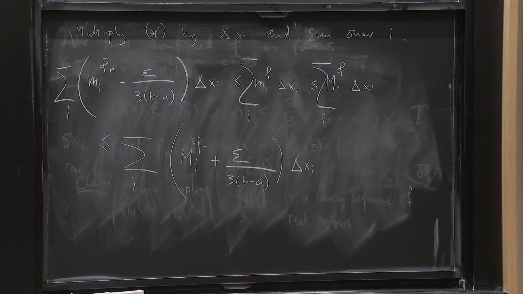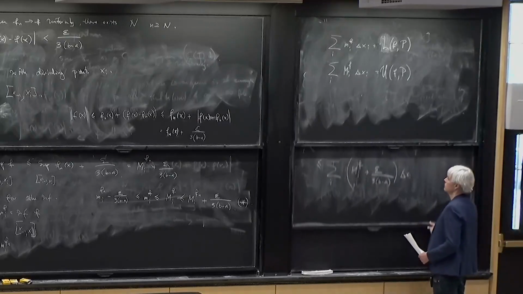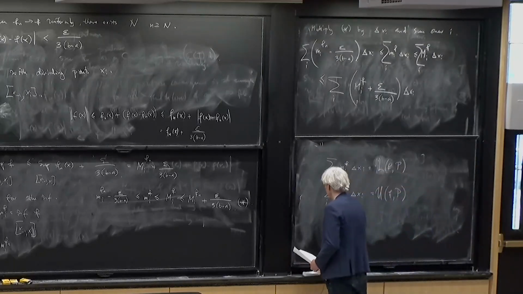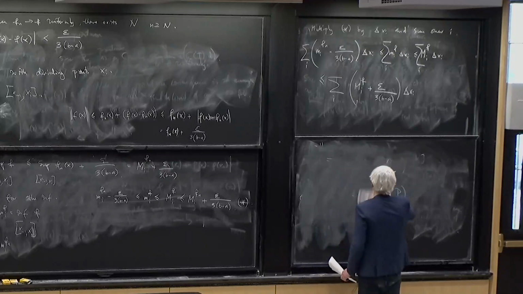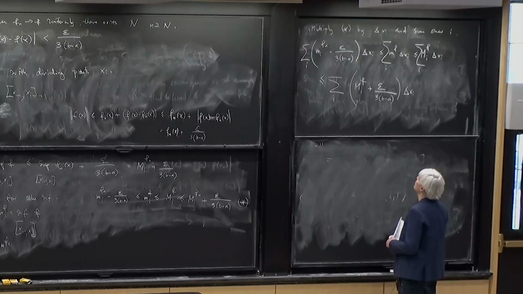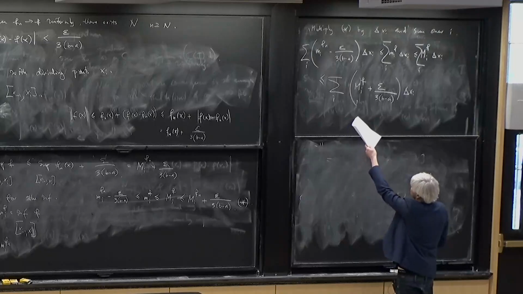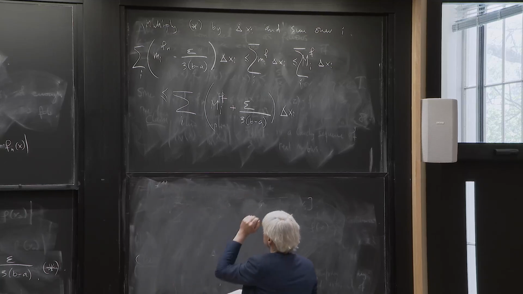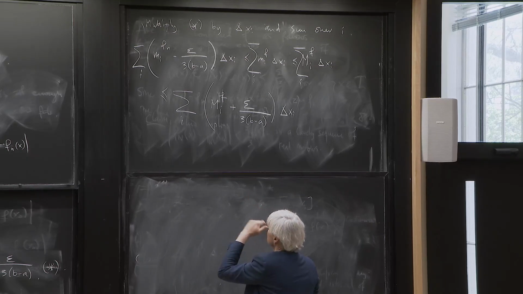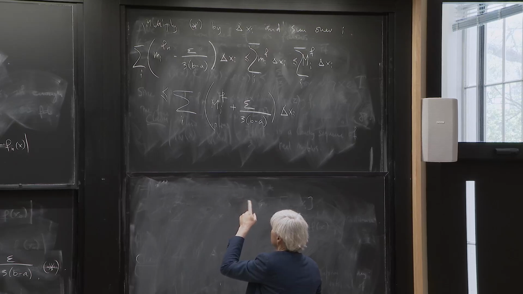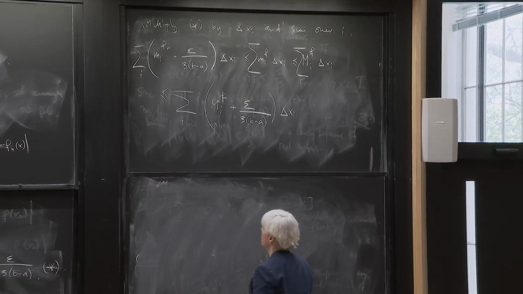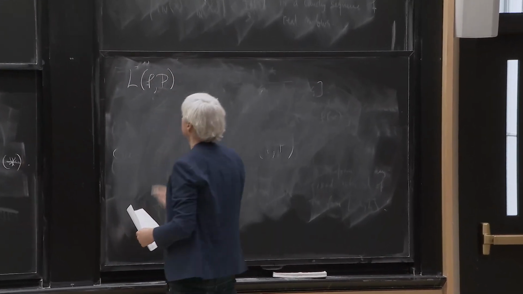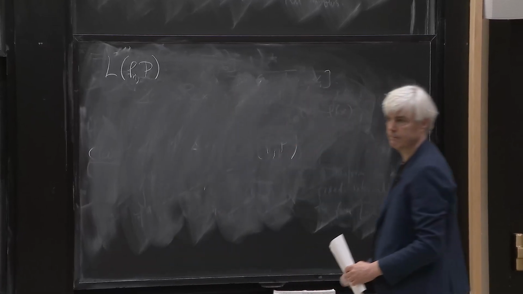So we have that. Now let's try to figure out what this means. So now if you multiply this out, the top left corner, when you multiply the bracket out, the first term you get is m_i(f_n) times delta x_i. But that is just the lower sum with respect to the partition P for f_n, right?